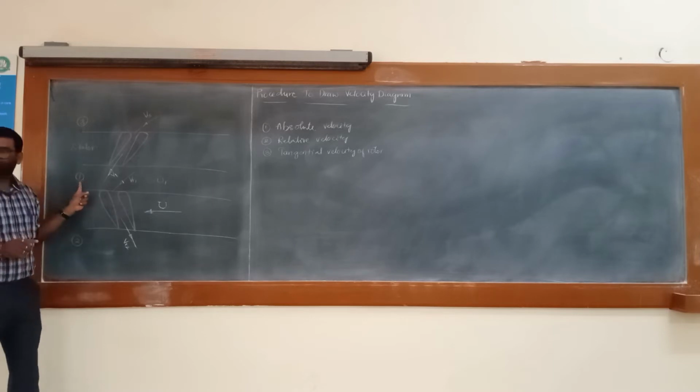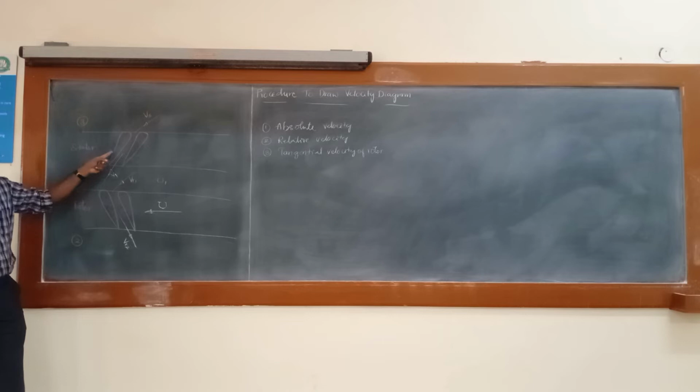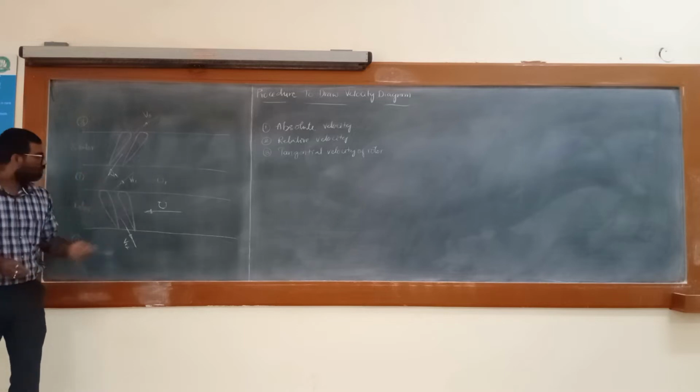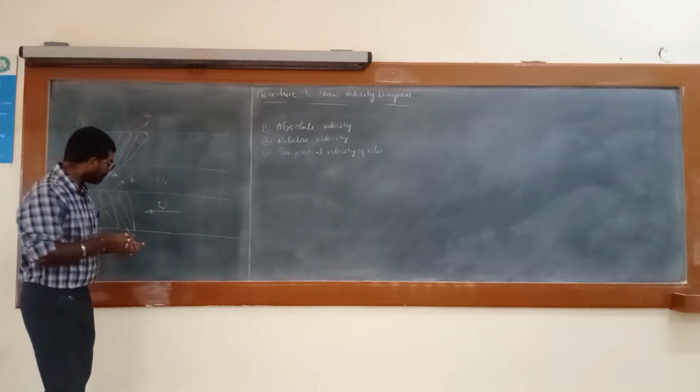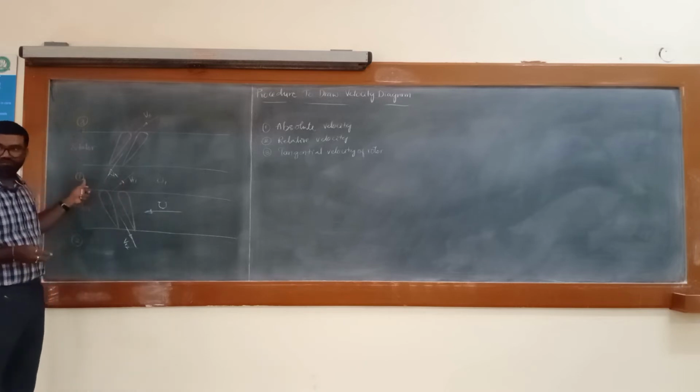Location 1 is the gap between the stator and rotor. This location can be defined as the inlet of the rotor. Then how do we draw the velocity triangle at location 1?